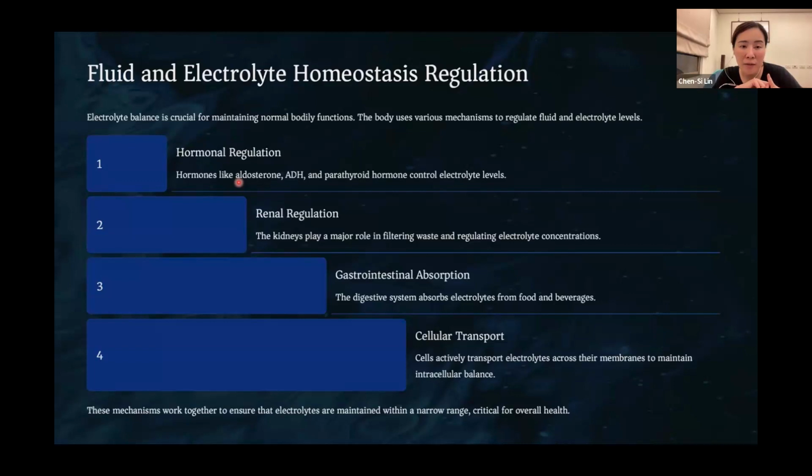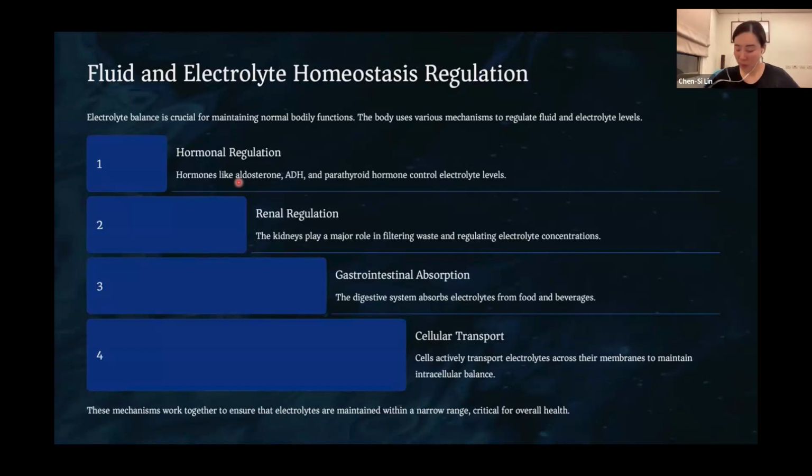So it is important to monitor whether these hormones are within the normal range or not. And also the renal, the kidney functions. The kidney is important for filtering waste and regulating electrolyte concentration.